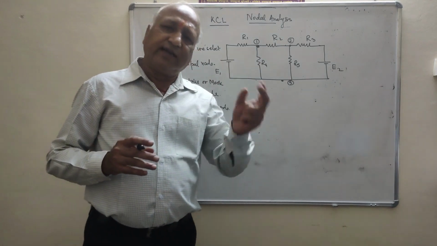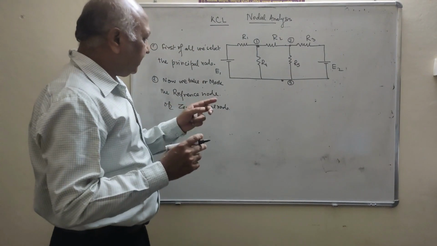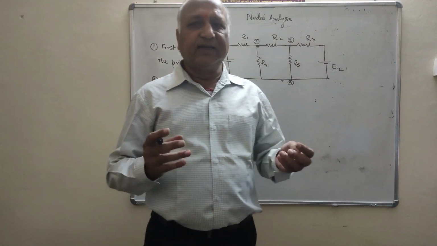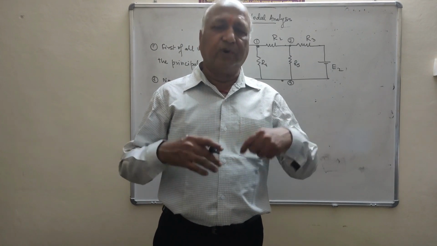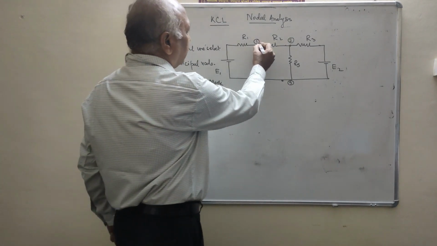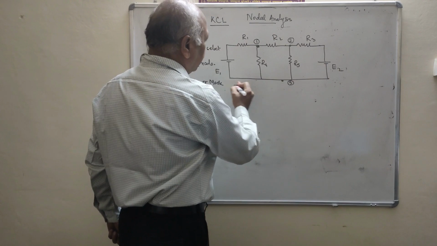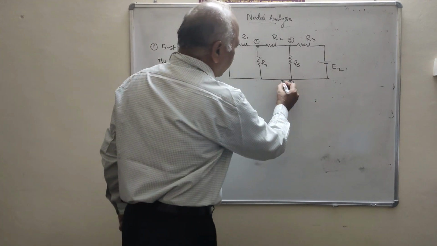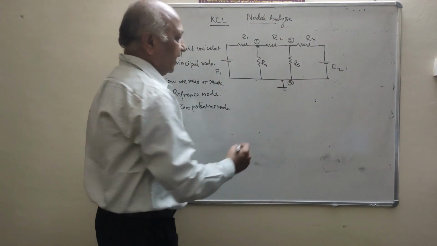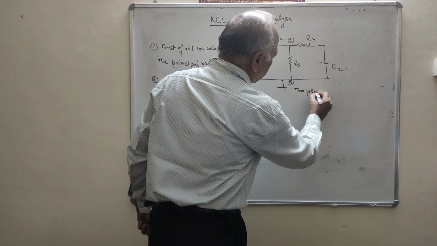Otherwise we can take any node as a reference node, but we prefer that the reference node is taken where 3 or more branches meet. So here node 1 has 3 branches, node 2 has 3 branches, and node 3 has 4 branches, so it is taken as the reference node and marked with the earth sign. Clear? And this is the zero potential node.